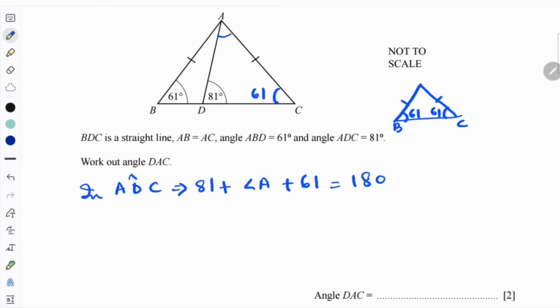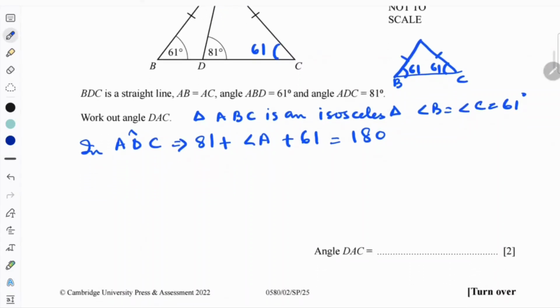We also have to mention that triangle ABC is an isosceles triangle, so angle B and angle C are equal to 61 degrees.